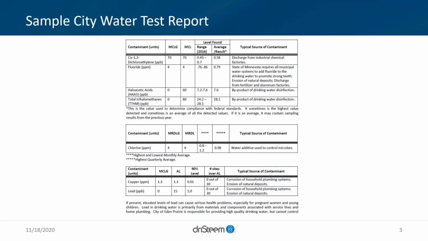The chlorine is the disinfectant right in the middle of the screen on this. They're saying the maximum allowed conditions 4 ppm and their average results a little under 1 ppm. So the biggest thing here, and as I look at this and as we all look at this as it relates to dechlorination applications, is there is chlorine present. The other thing that could potentially be on here is a chloramine, also another disinfectant.